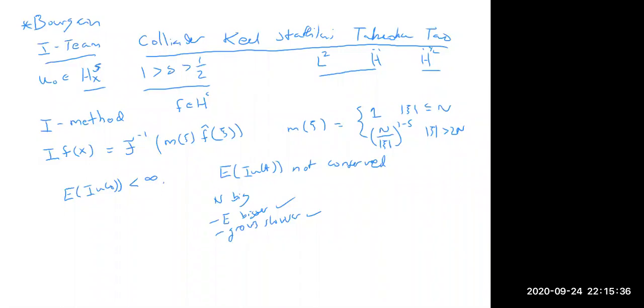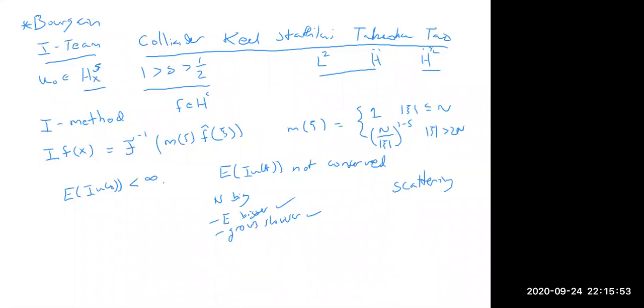But as you get closer to 1/2, the tug of war becomes harder and harder to win, and you would get scattering here too. You wouldn't just get global well-posedness, you get scattering from these results.